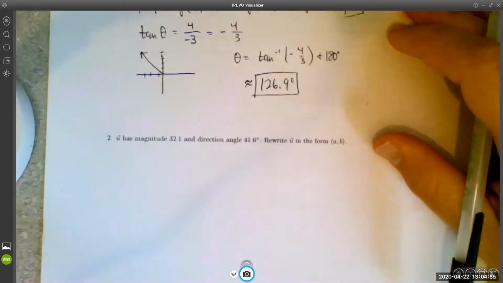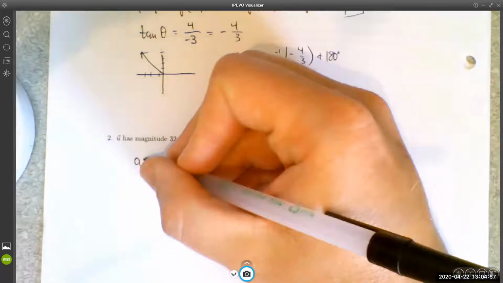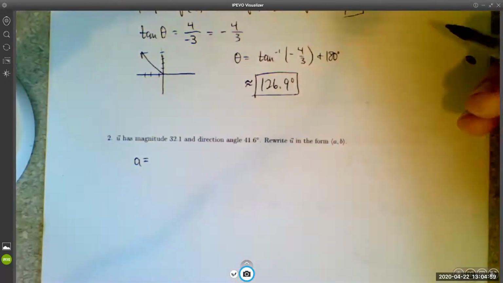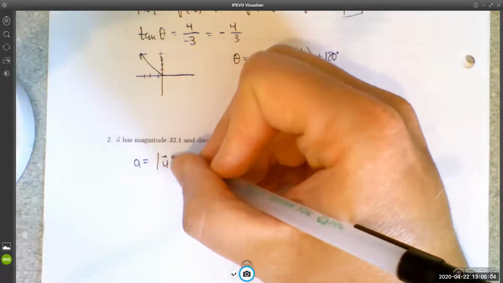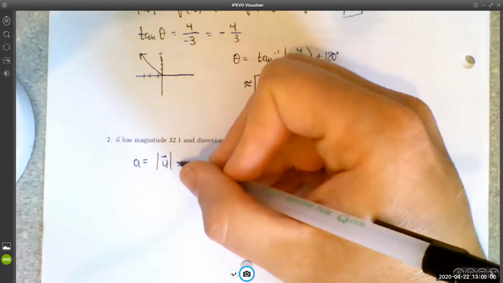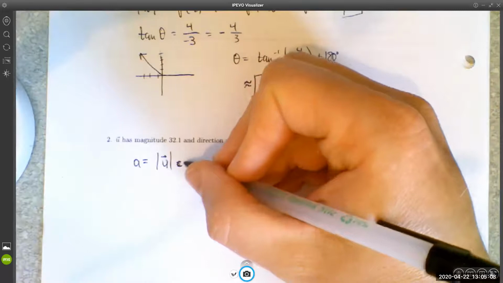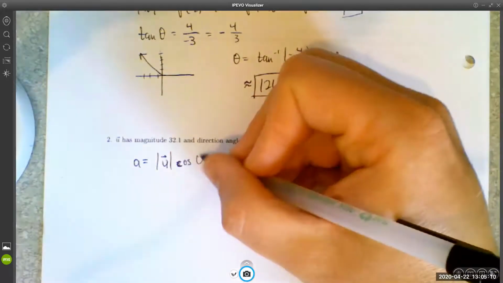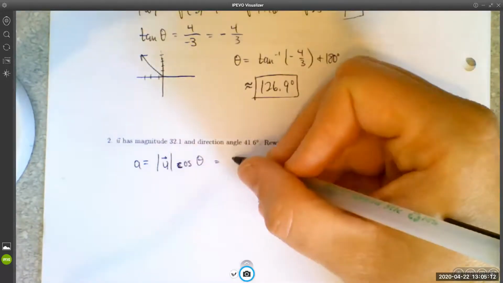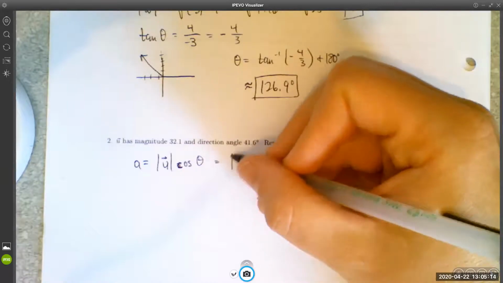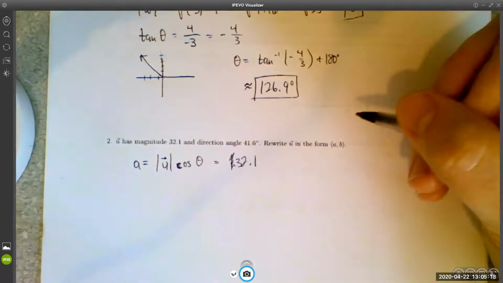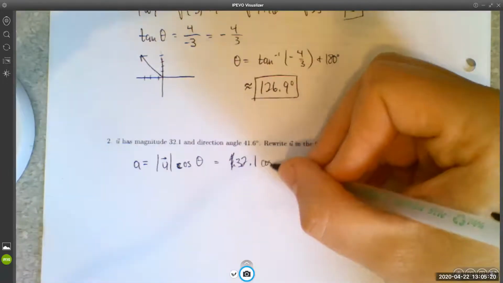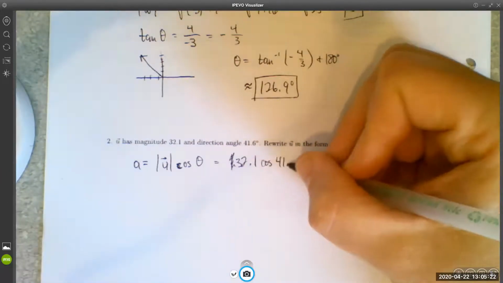Okay, so here's my solution. So a is going to be the magnitude of u cosine theta. In this case, the magnitude of u is 32.1, and the direction angle is 41.6 degrees.